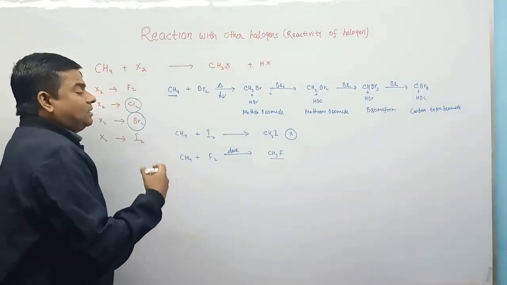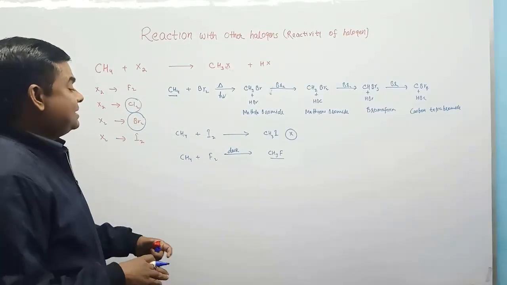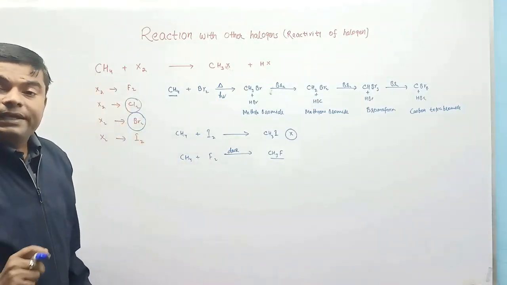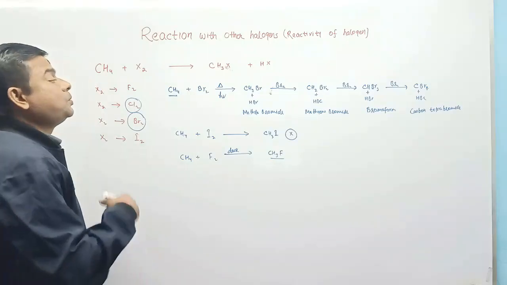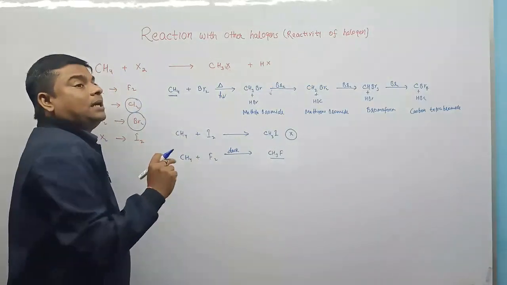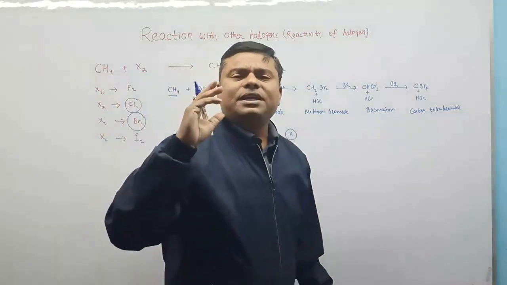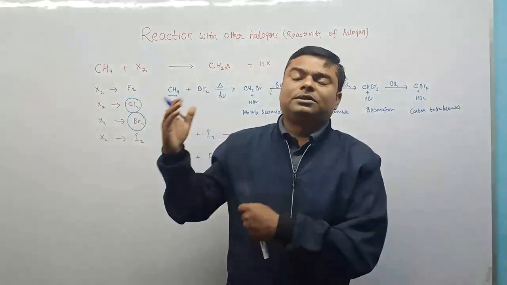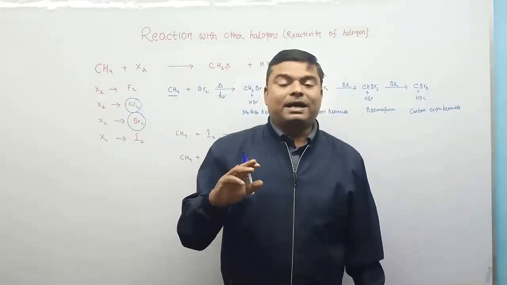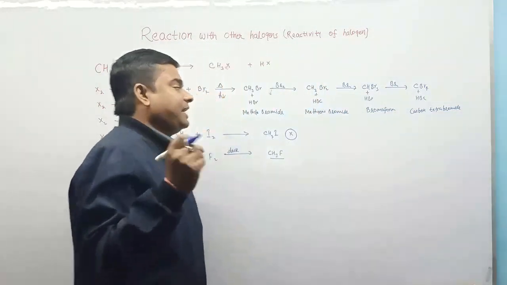So what factor is behind this, so that the rate of reaction of fluorine with methane is very fast as compared to chlorine and bromine, and why does the reaction with iodine practically not take place? We will see all these in the reaction mechanism and relative reactivity.